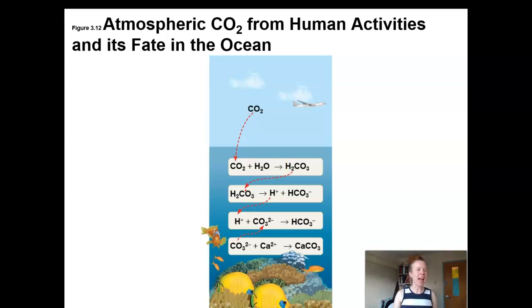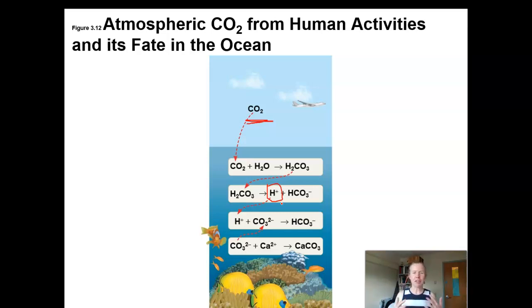And then carbonic acid can dissociate, it can fall apart, and this just happens spontaneously, into hydrogen, right, and a molecule called bicarbonate. But there's the hydrogen, right? So the CO2 in the atmosphere basically makes it so we end up with a lot of hydrogen, okay? That starts to make the ocean more acidic.